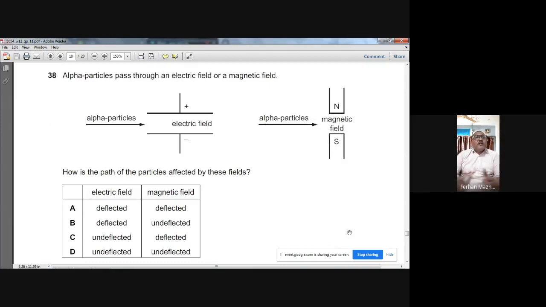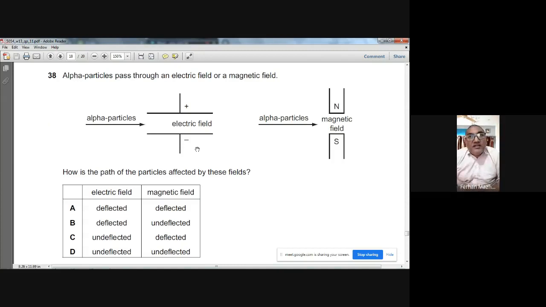Here on your screen, the question is shown. Question number 38: alpha particles pass through an electric field. Alpha particles are positively charged. So when they pass through the electric field, they will bend towards the negative plate.